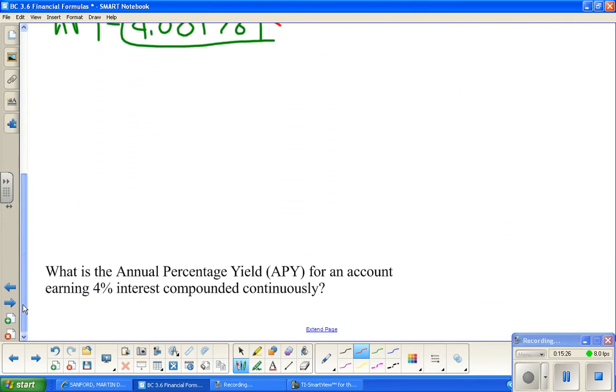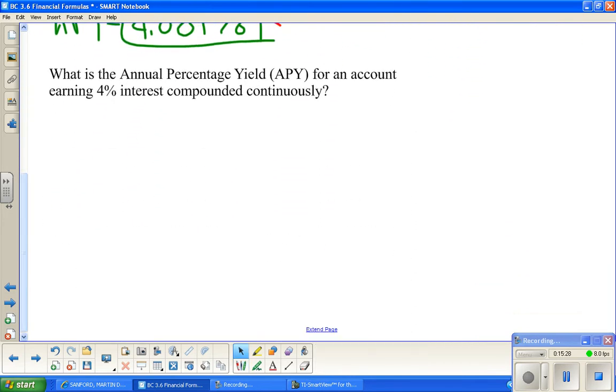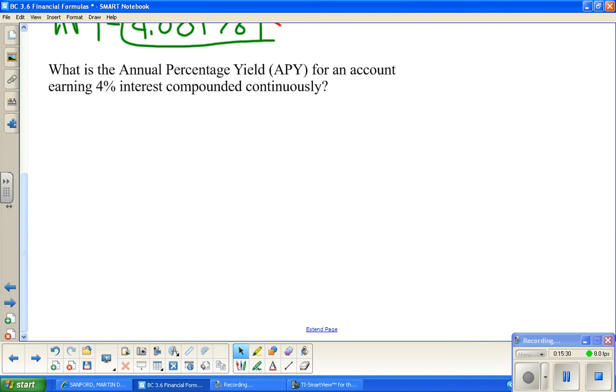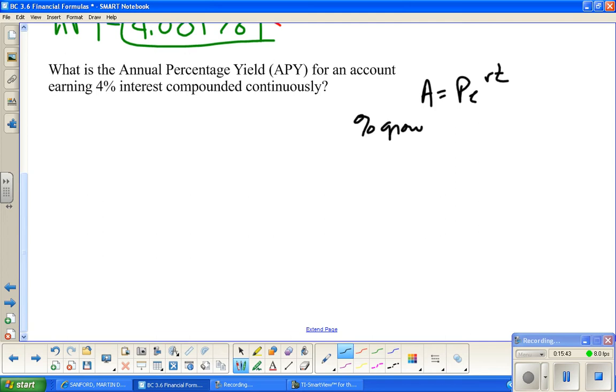Okay. All right. Just want to do this one more time for compounded continuously. Remember, continuously uses this formula. I want to know how much does it grow? What is the percent growth in 1 year?